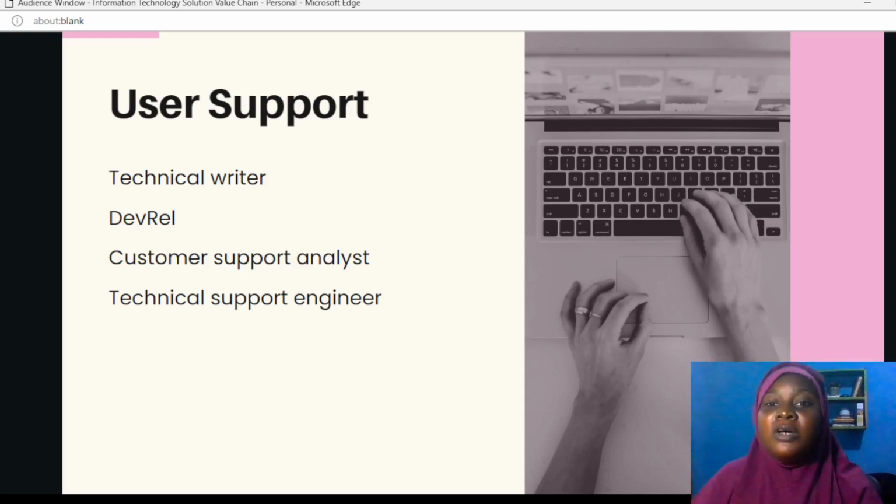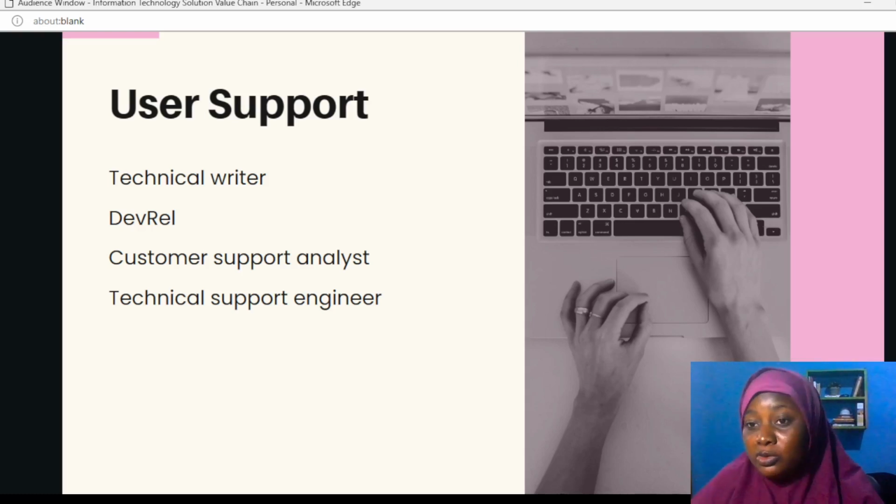Then we also have customer support analysts. These are people that are involved with providing support for the end users. If it's a software as a service like Canva, you would say, okay, chat with our end user support, send us a chat.